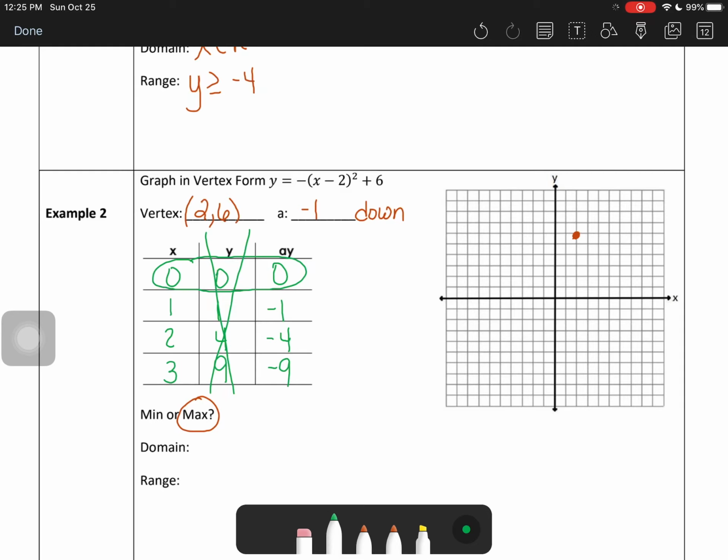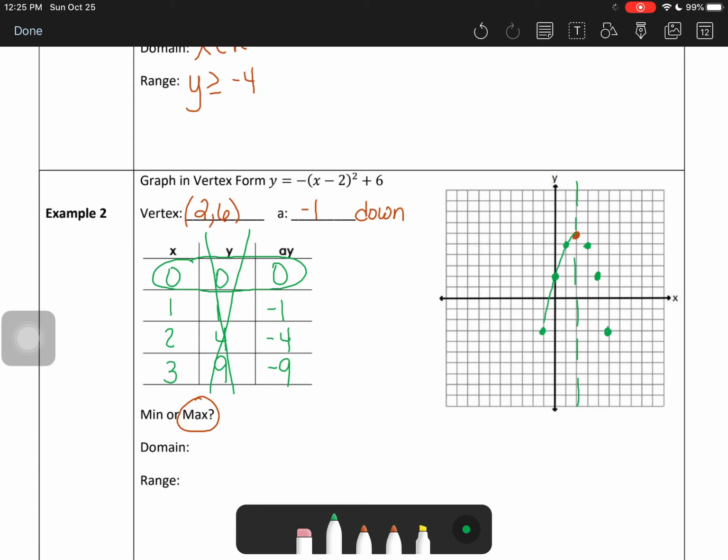We circle the (0, 0) to remind us that that is our vertex. From our vertex, we're going to go 1 unit to the right and 1 down, and 2 units to the right and 4 down, and 3 units to the right and 9 down. We're going to draw in our axis or line of symmetry, and then we will reflect the other points to the other side of our axis of symmetry.